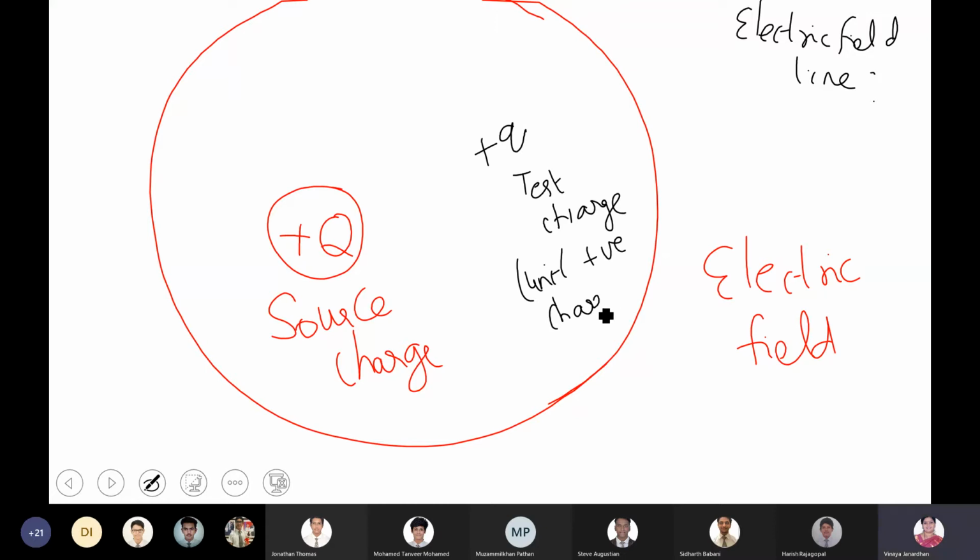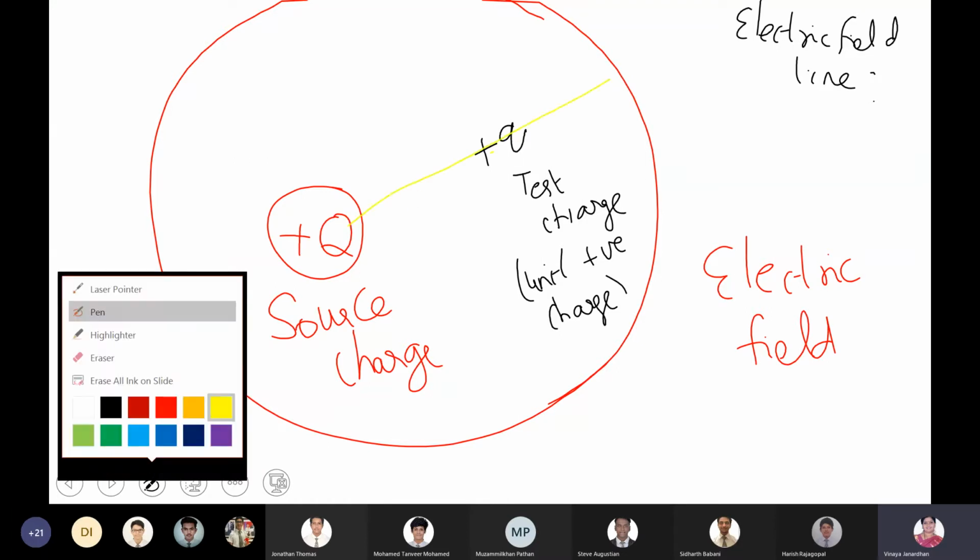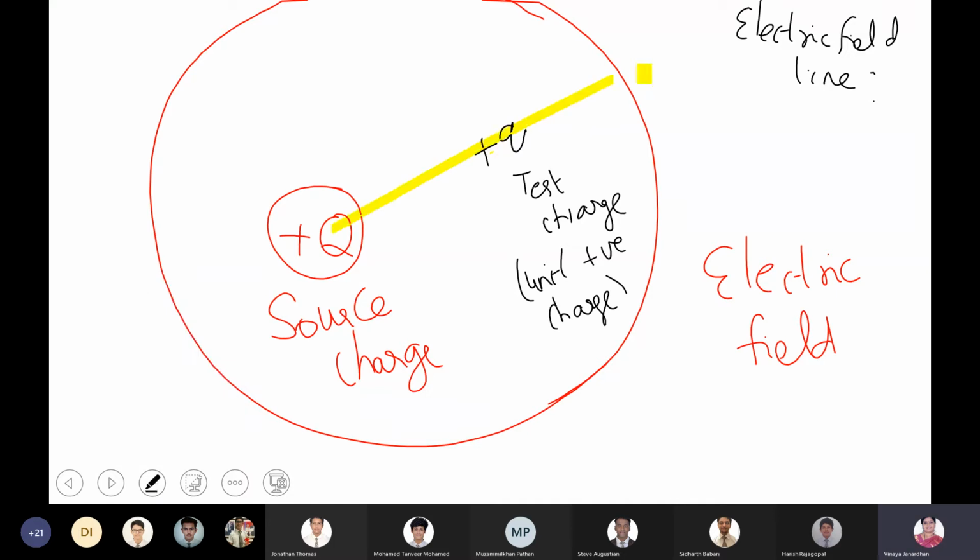Okay, and one more consideration, if you check your NCERT textbook, it always states that the test charge will also create its own electric field. The electric field created by this test charge should not disturb the electric field created by the source charge. Now, if I keep this test charge, it is going to experience a force, right?